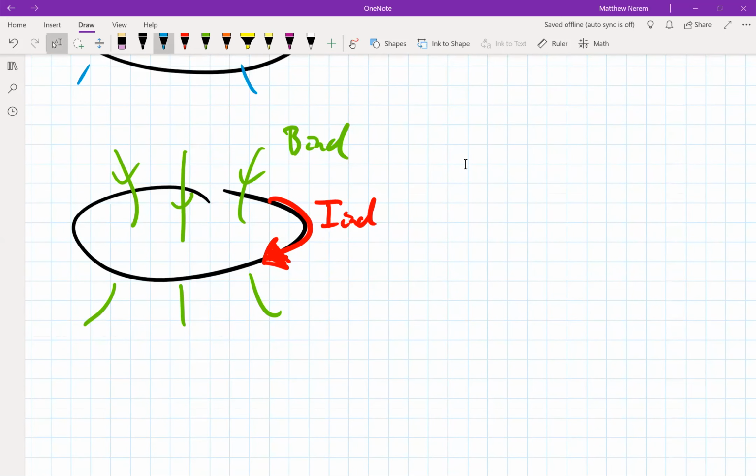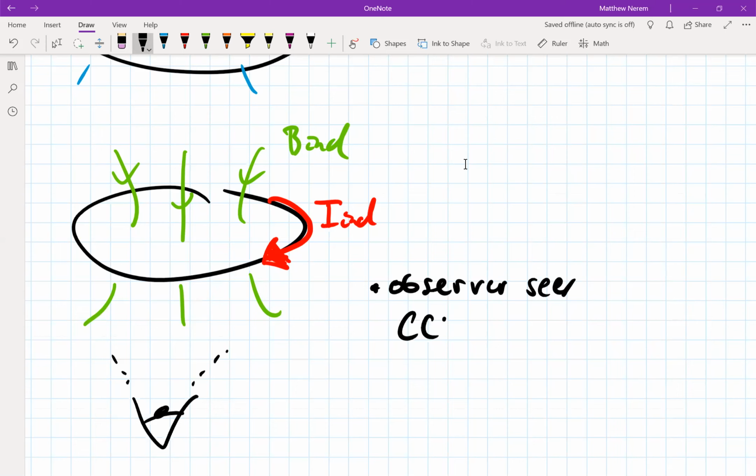Once again, for the observer down here, what do they see? Is that legible? They see counterclockwise current.